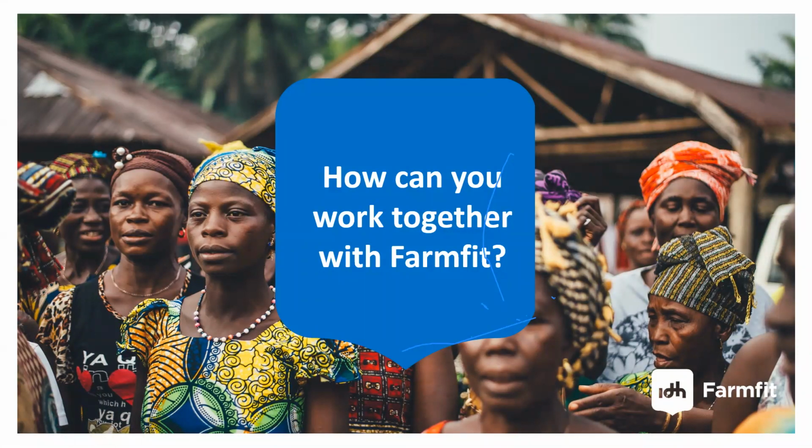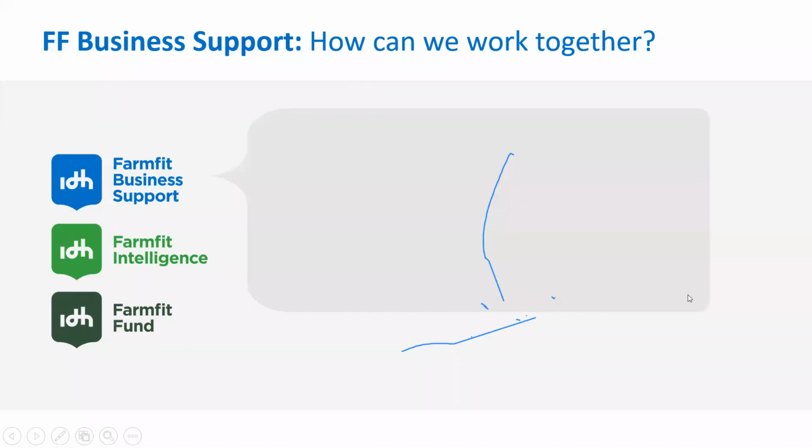So this section is really about, okay, how can you work together with FarmFit? So basically, like I said earlier, FarmFit has 3 elements. And now we're going to really focus, first of all, on FarmFit business support.